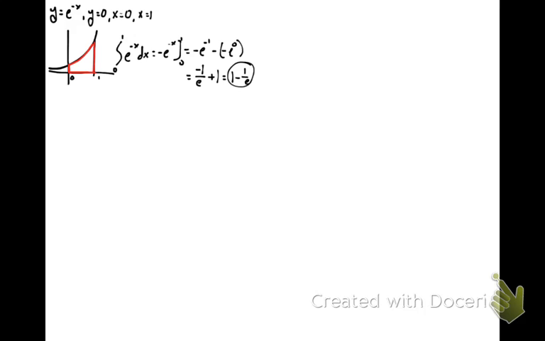Let me set up another problem involving some different functions. Here we're considering the function y equals e to the x over 2 plus e to the x. So it's a function that's increasing very, very slowly. Notice that when x is 0, we would have 1/3.